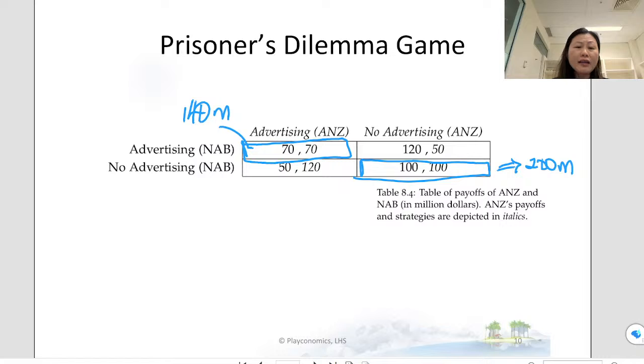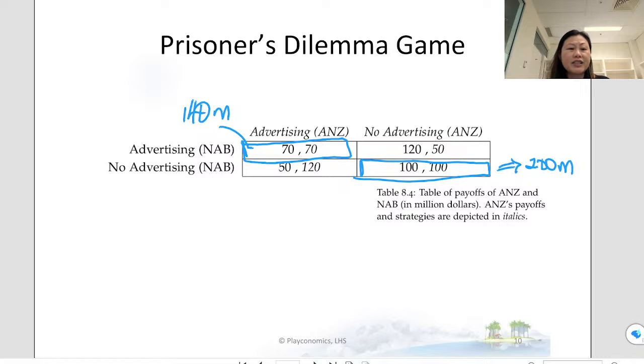Now, if we both advertise, we assume that we're both using the same marketing company, we're both equally efficient, and as a result of that, the stealing of the customers and the stealing of it back cancels itself out. The difference between 100 million and 70 million is basically your marketing costs.